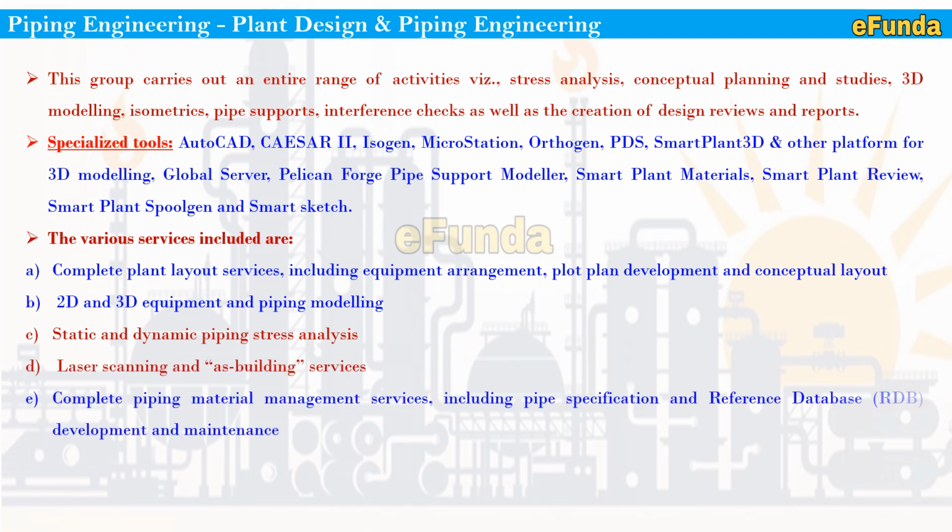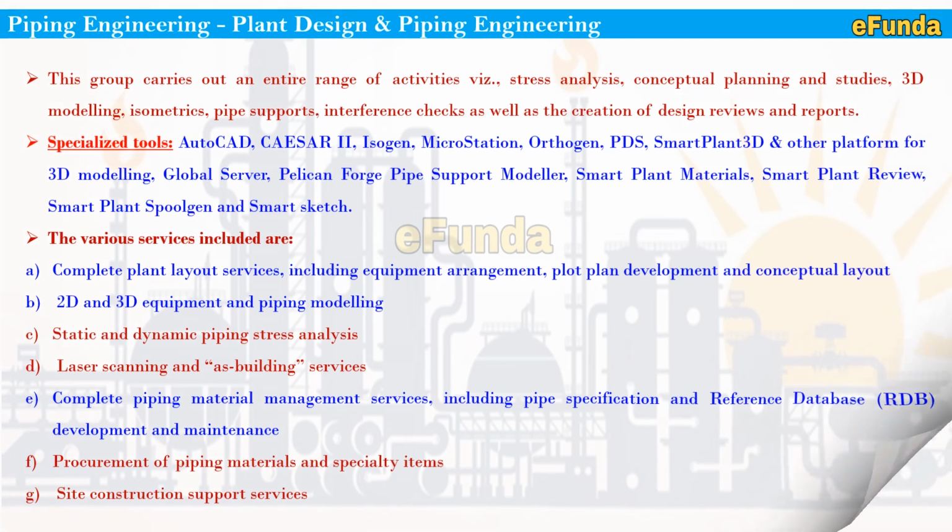E, complete piping material management services including pipe specification and reference database, that is RDB, development and maintenance. F, procurement of piping material and specialty items. G, site construction support services and many other activities are part of these piping engineering activities.